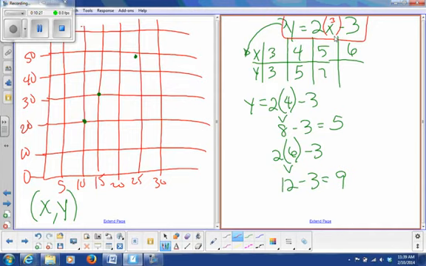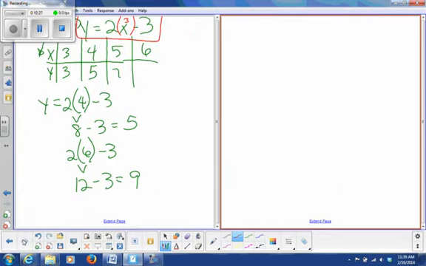Okay, we're going to do some more. Amir, pay attention, please. Let's do another one. All right, look at number 2. Again, you're going to use the equation to complete each function table. Can you get out your whiteboard, please?